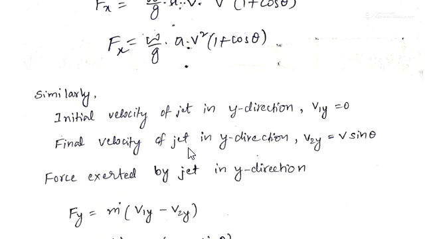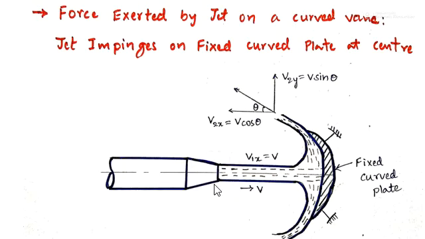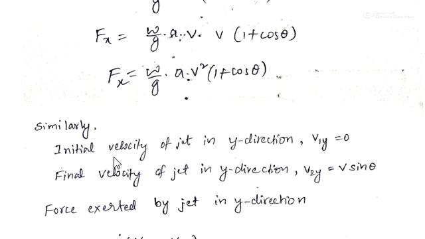Similarly, the initial velocity of the jet in the y direction will be 0. Why? Because the jet is going straight, in the exact horizontal direction, so in the y direction its velocity will be 0 in the initial stage. So the initial velocity of the jet in the y direction v1y is 0, and the final velocity of the jet in the y direction v2y is v sin theta.